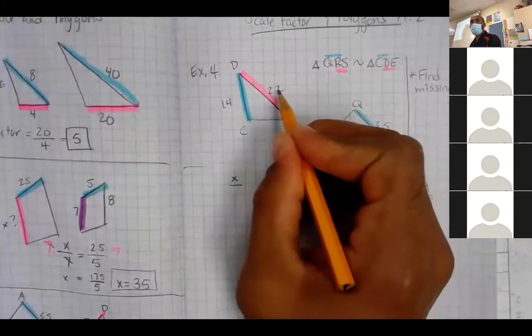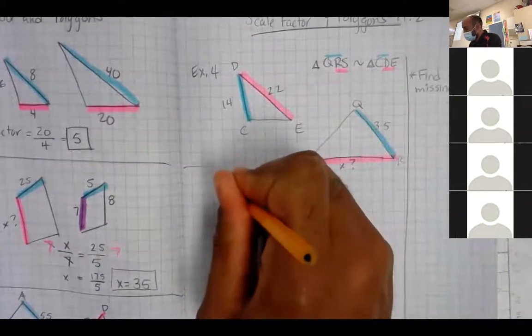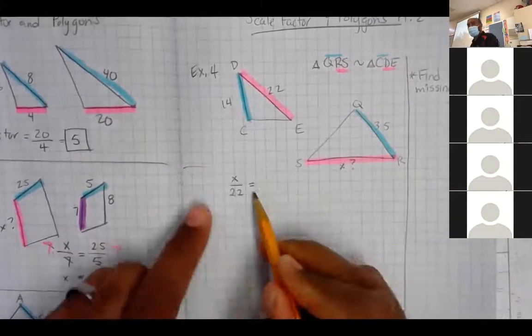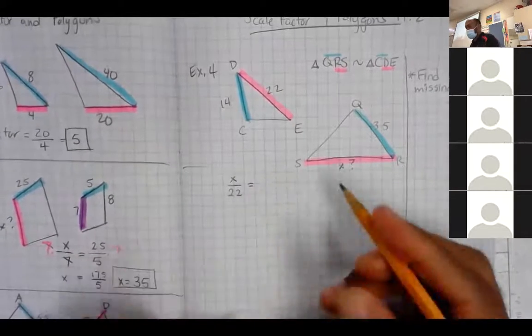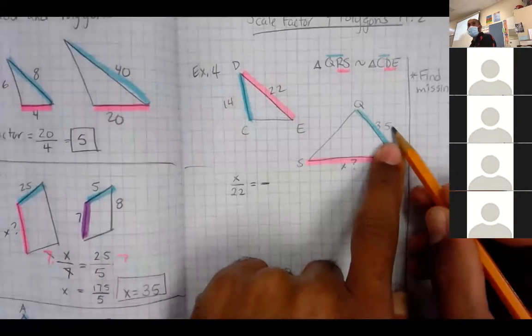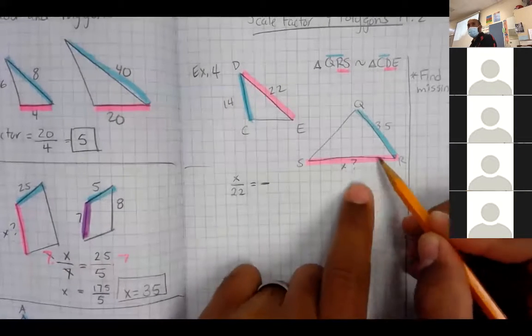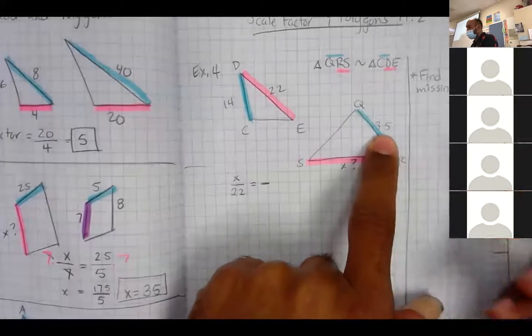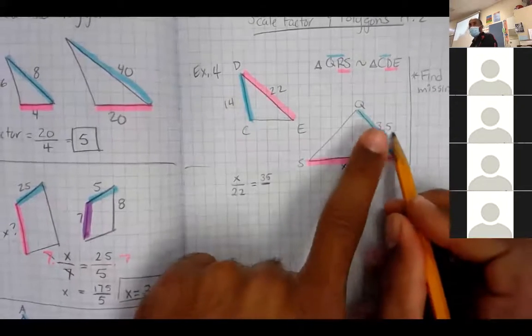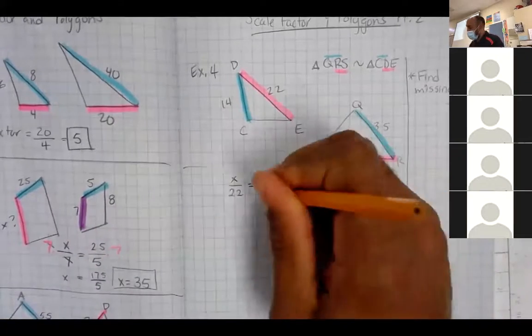So the corresponding, or matching, side is 22. And I set that equal to another two corresponding sides. So again, I go back to the one that has a side missing, and I put the 35 on top. And then I go to the corresponding side, which is 14, that goes on the bottom.